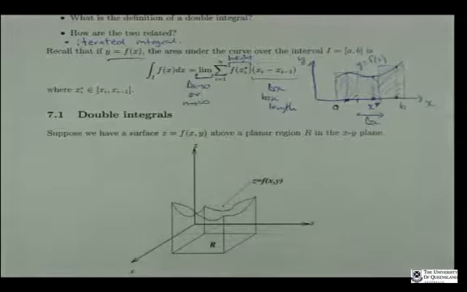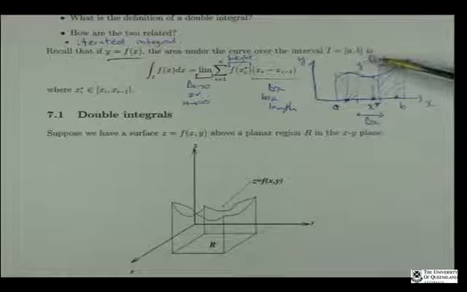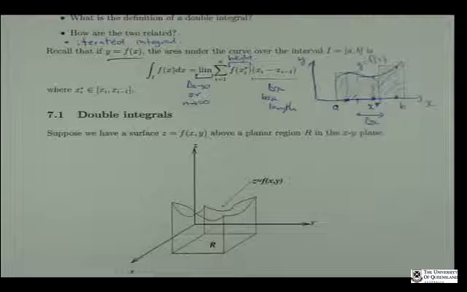Not all curves in the plane can be written in this way, y equals f of x. For instance, the equation of a circle of radius 1 centred at the origin has equation x squared plus y squared equals 1. It's not written in that form, but more generally, we can write curves in the xy plane in the form some function of x and y equals 0, or some function of x and y equals a constant.